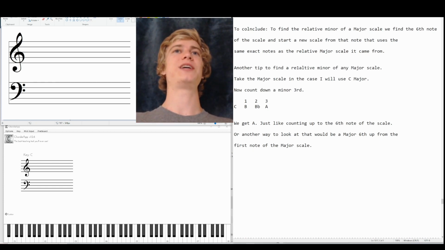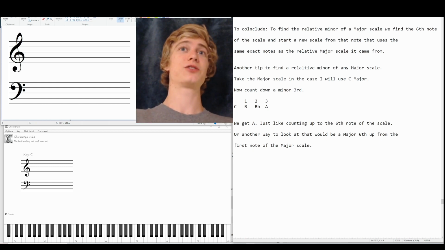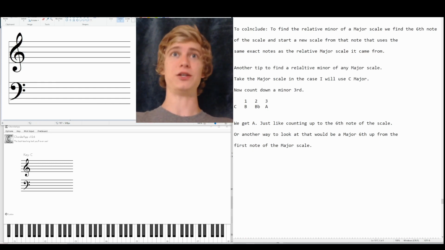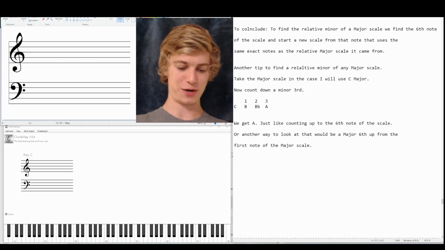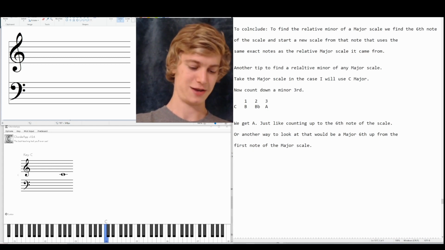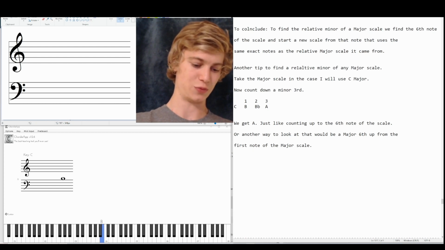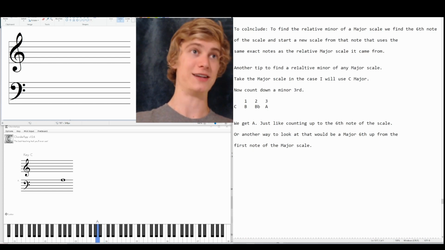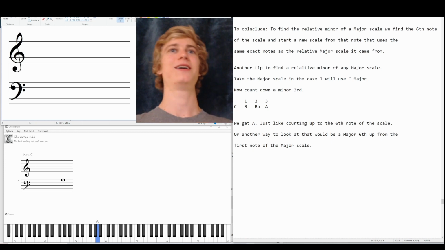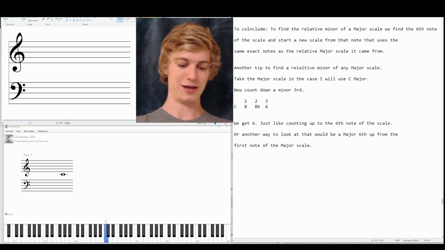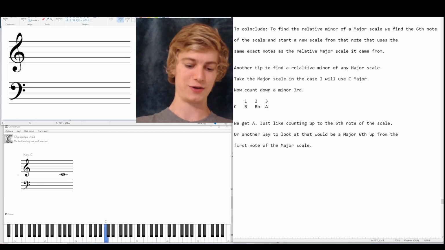Okay, so another tip to find a relative minor of any major scale is take the major scale, in this case I will use C major, and count down that minor third. Okay, so let's count down that minor third again. We're going to start on C. We're going to go 3 semitones, 1, 2, 3, and as you can see we land on the note A, which is just like if we counted up the sixth note in our scale.